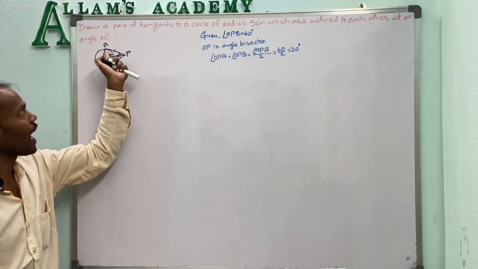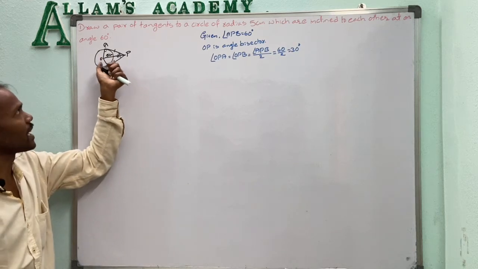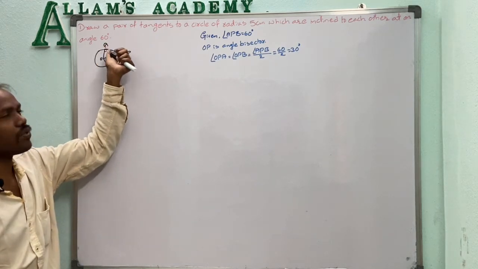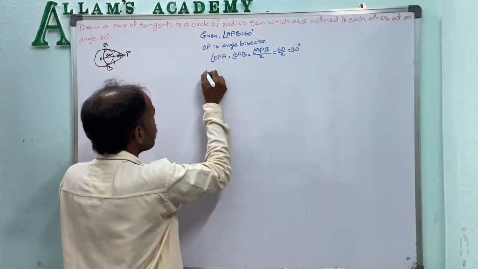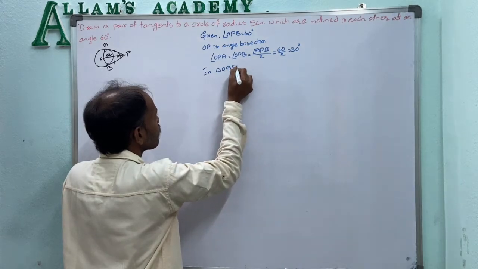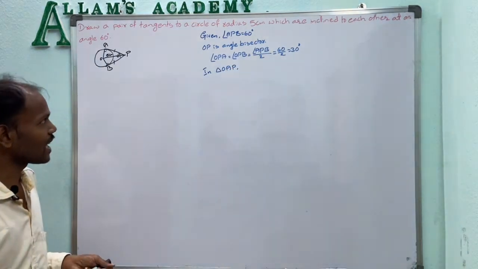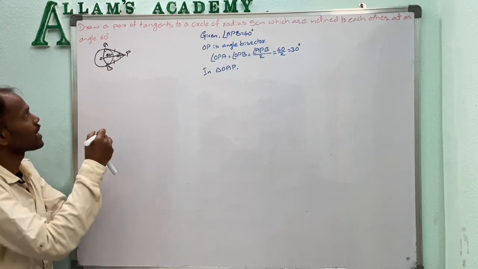And we know angle A is 90 degrees. Taking the right triangle OAP, angle P is 30 degrees.